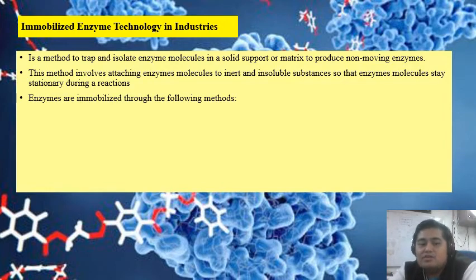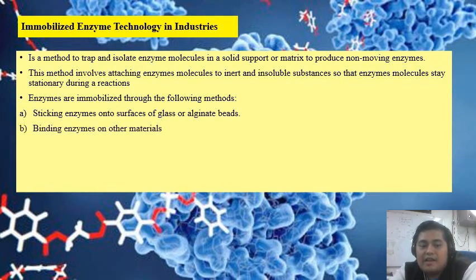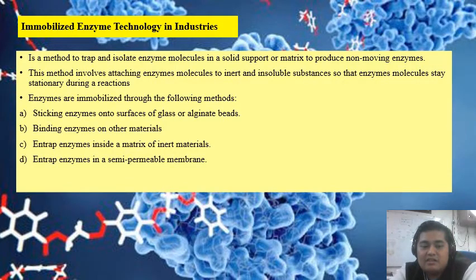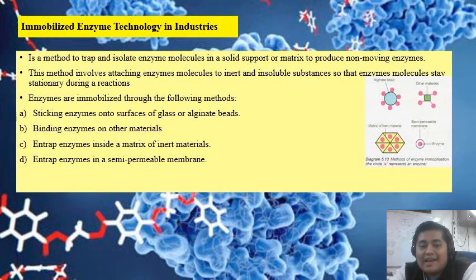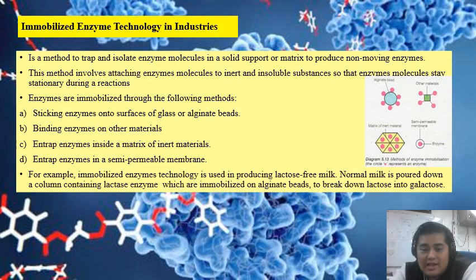Enzymes are immobilized through the following methods: sticking the enzyme on the surface of glass, binding enzyme on other materials, trapping enzyme inside the matrix in gel materials, and trapping enzyme in a semi-permeable membrane. So ini adalah kaedah-kaedah untuk mengimmobilizekan, menghadkan pergerakan enzim tu tadi.